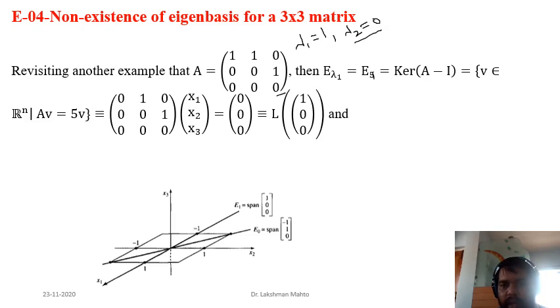The algebraic multiplicity of 1 is 1, because 1 is coming once.